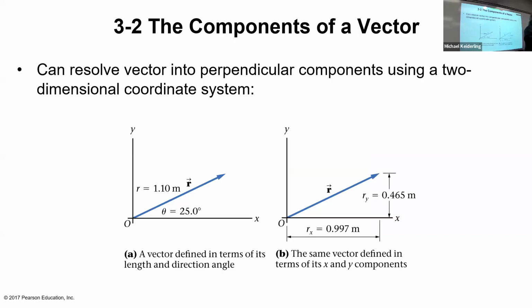So you can resolve a vector into perpendicular components using a 2-dimensional coordinate system. If you know the length of the vector, the magnitude, and the angle of the vector, usually the standard form, when we talk about the angle of a vector, we measure counterclockwise from the positive x-axis.